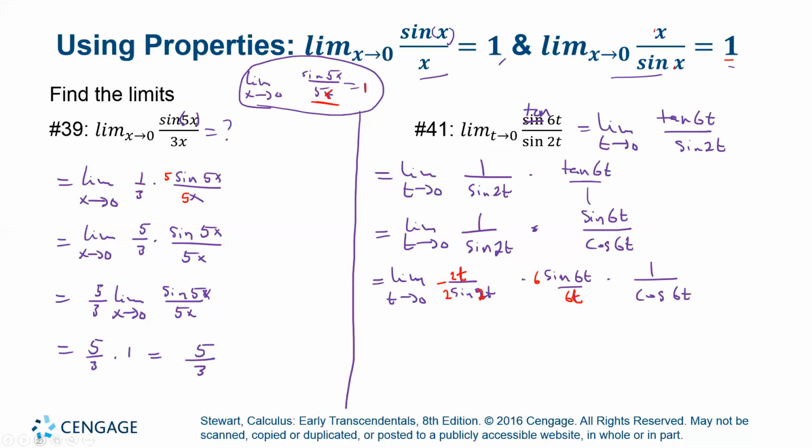So then that expression there is nothing but, okay, this is equal to the limit t goes towards 0, and I have 1 over 2 times 2t over sine 2t, times 6 times sine 6t over 6t, then times 1 over cosine of 6t. Now the limits will go to each of them.